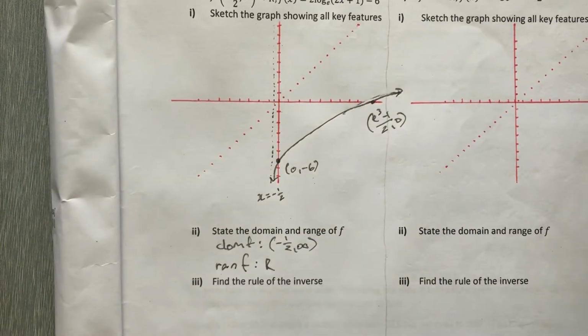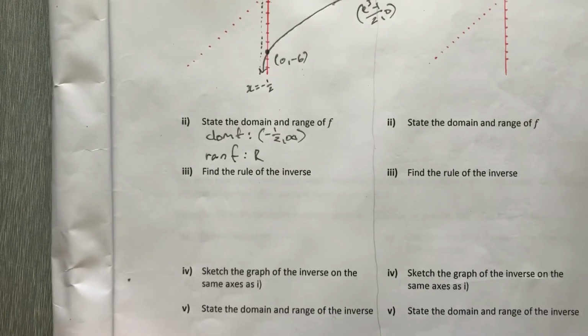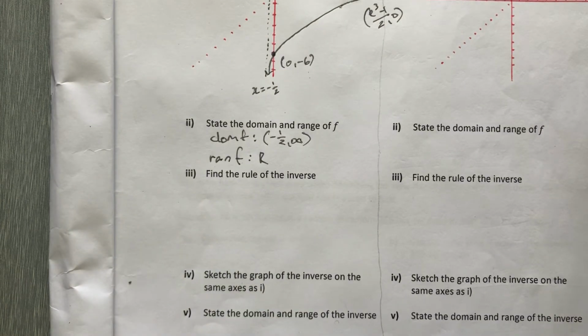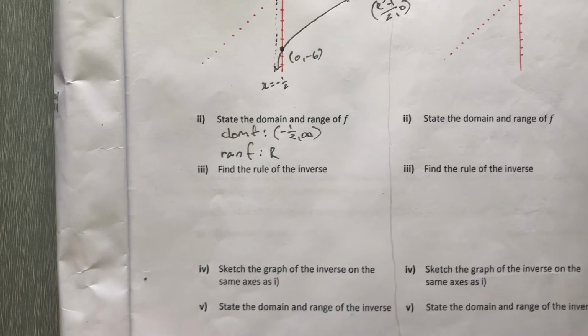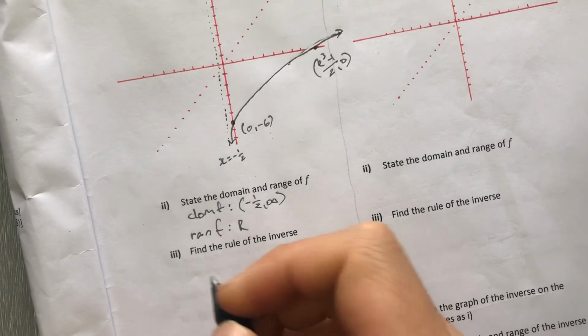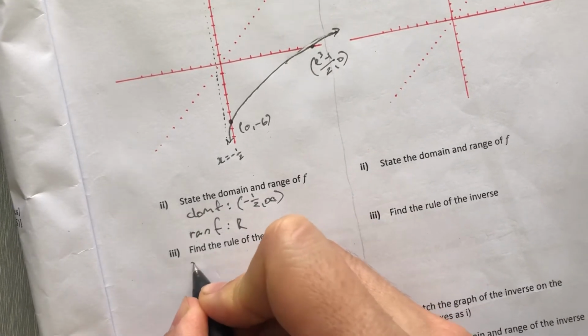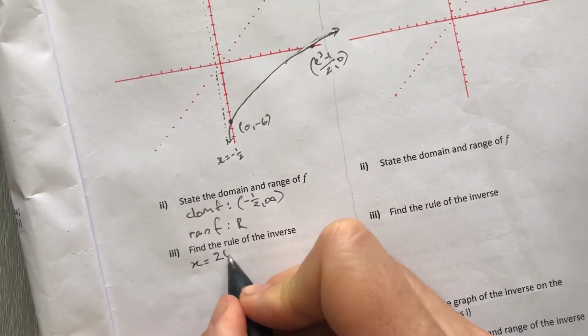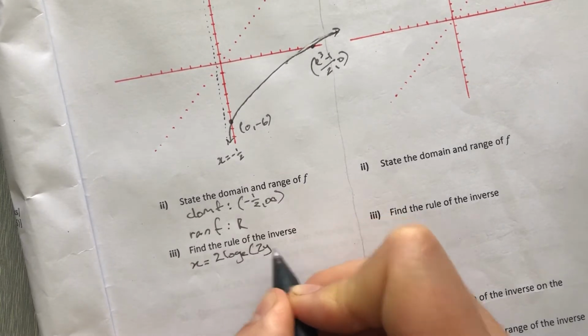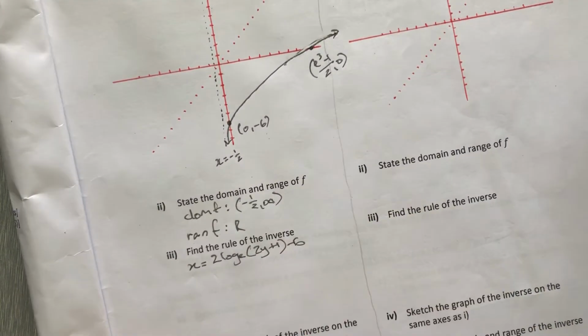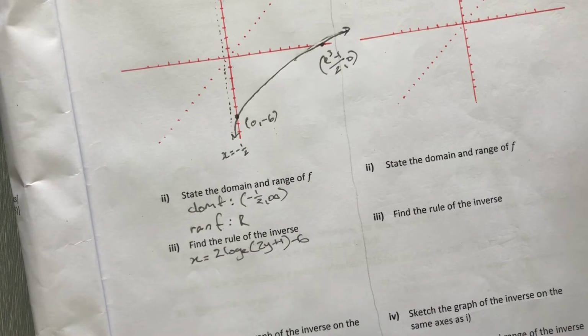There we go. All right, now finding the rule for the inverse. We're always swapping those x and y values, and if we want to give a rule, we'd normally make it y equals, wouldn't we? So we're just going to follow those two steps. So I'm going to swap x and y first. And now I want to make sure I can rearrange this to have my rule y equals.